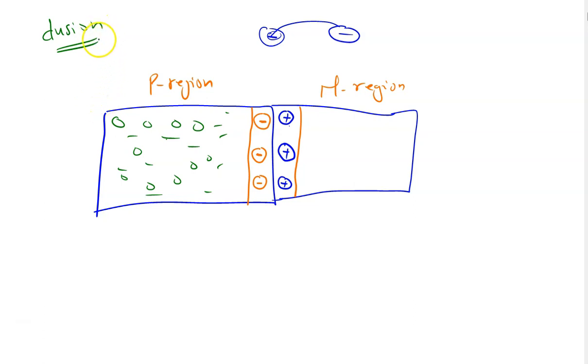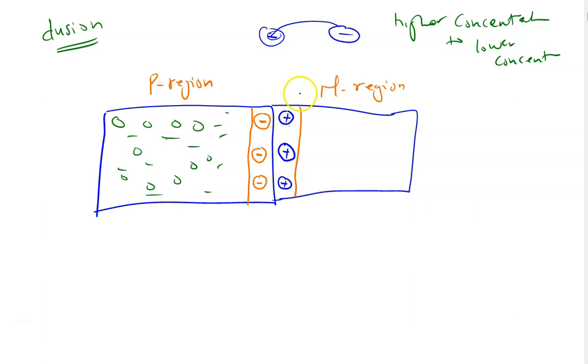gases from higher concentration to lower concentration, until an equilibrium is obtained. If you can remember that definition in chemistry, you can relay it over here.